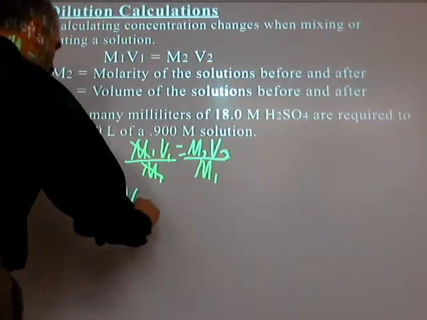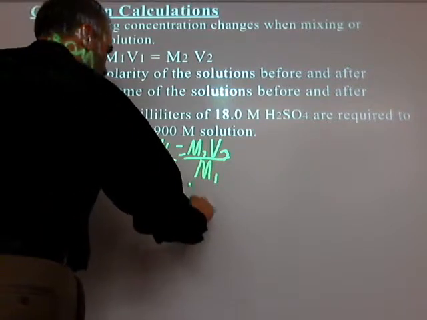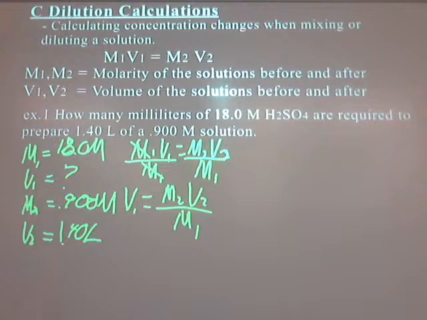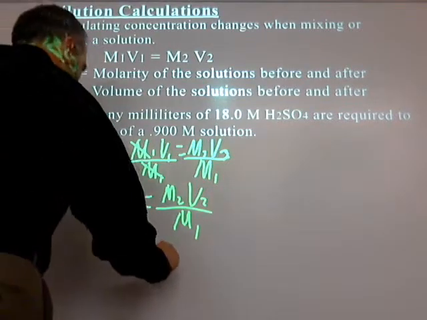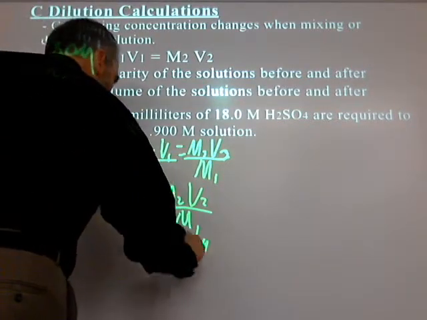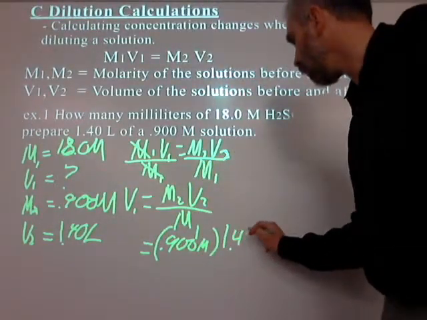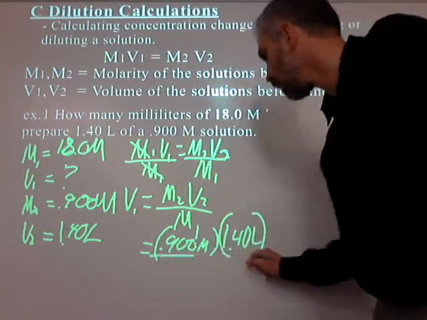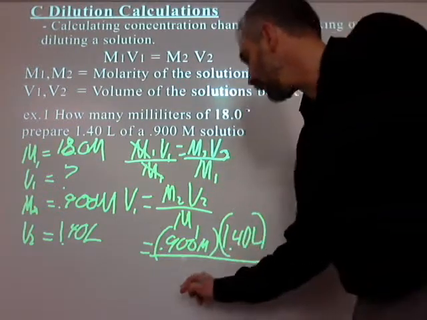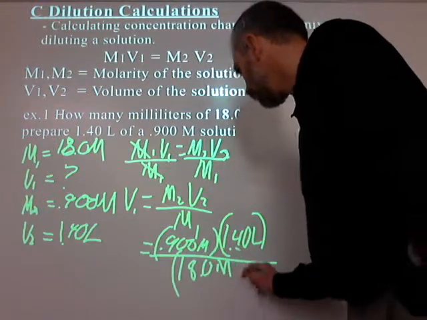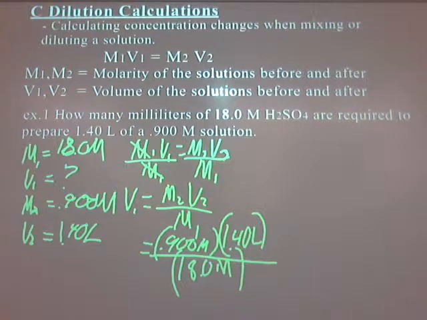So V1 equals M2 V2 over M1. My M2 is 0.900 molar. What's my V2? 1.40 liters. And my M1 is 18.0 molar. Get your calculator out.